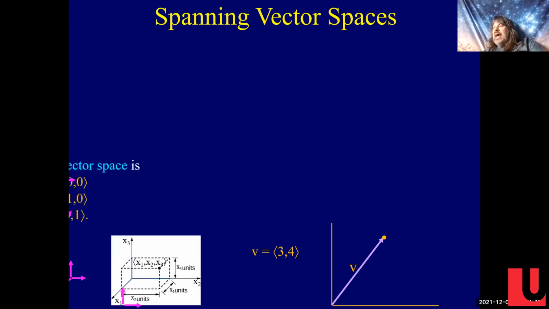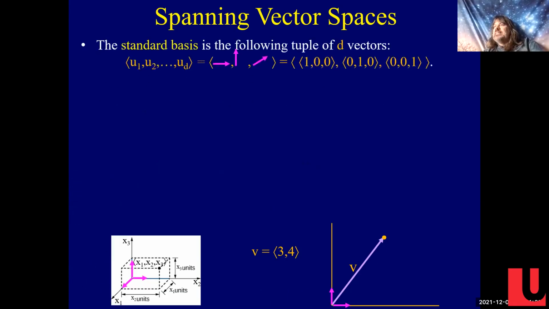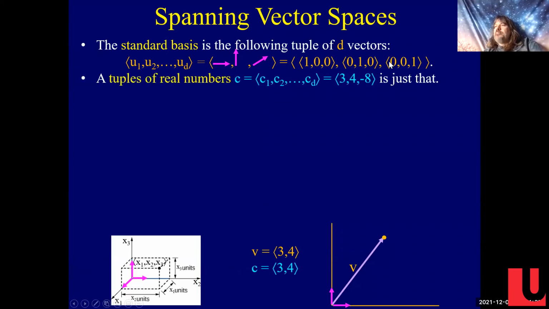All right, so here's a statement. This is a standard basis, and here are my three vectors. Here's a vector, here's a vector, here's a vector. And now a couple of real numbers there. Don't think about this right now as a vector.